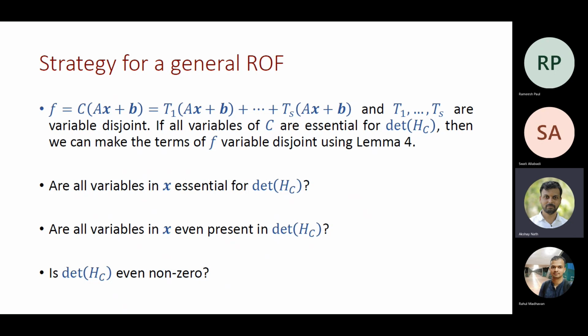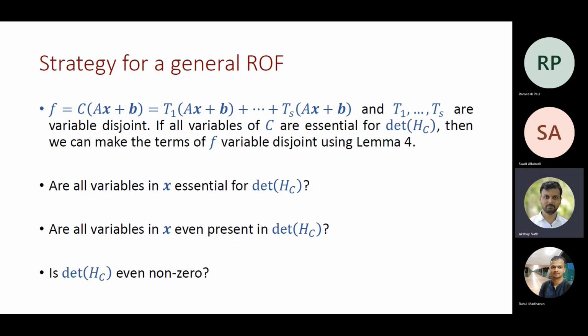Over here, g1 to gs are t1 to ts, and t1 to ts are variable disjoint. So if all variables in C are essential for its Hessian determinant, then using the lemma that I just showed you, we can make the terms of f variable disjoint. So the question that we now need to answer is: are all the variables that appear in C essential for the Hessian determinant of C?